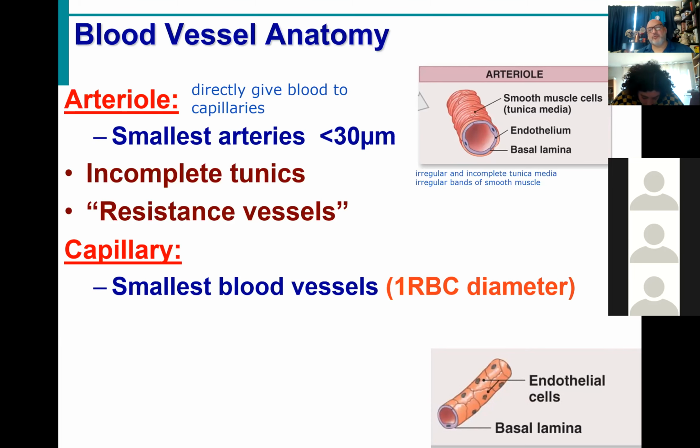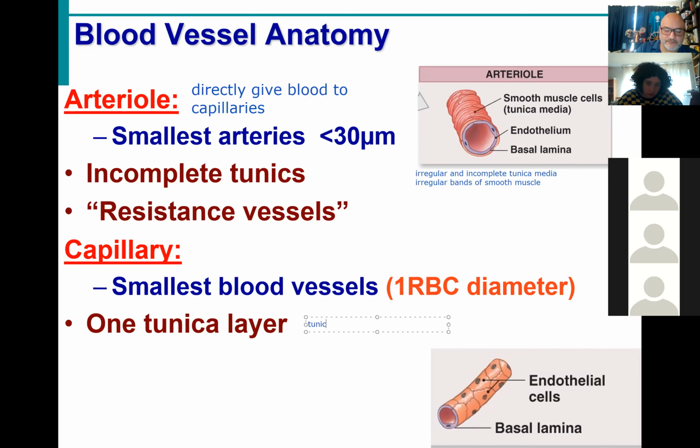So our red blood cells pretty much have to line up single file to get through there. Also, notice from this basic illustration, it also has the simplest anatomy. It is just a single layer of flat cells and a little bit of a basement membrane. Essentially, it's just that one tunic, the tunica intima, or the tunica interna.